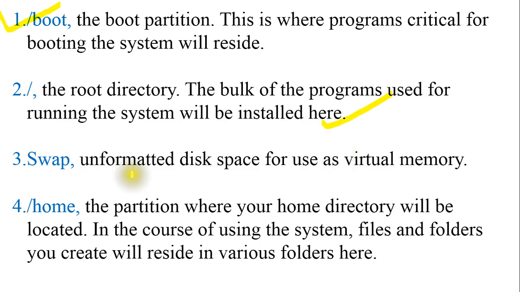And home is the partition where your home directory will be located, where the files and folders you create in the course of using the system will reside in various folders. So we will create all 4 one by one, step by step, very simple. There is no confusion, there is nothing fancy in this, and I hope it is going to be a very simple video for you guys.